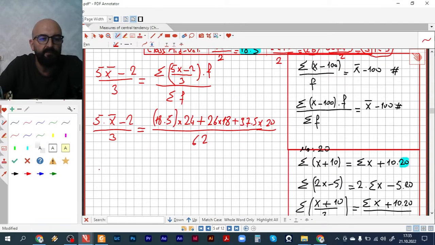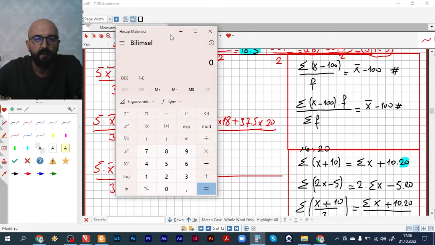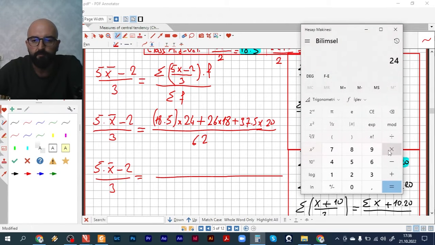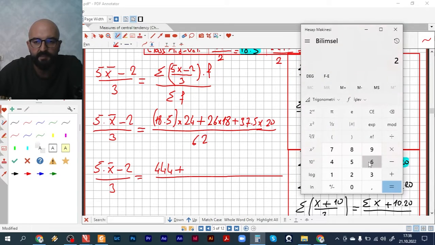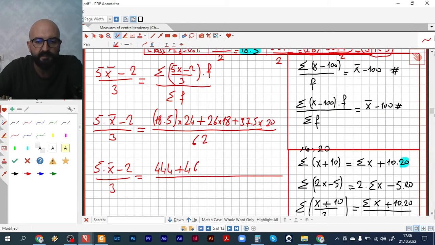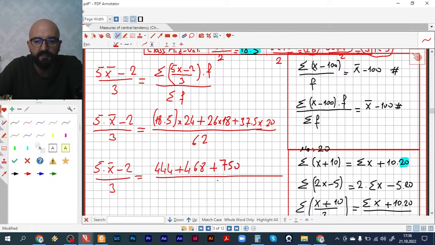Okay, and I want to use my calculator. 24 multiplied by 18.5 becomes 444, plus 26 multiplied by 18 becomes 468, and 37.5 multiplied by 20 becomes 750, over 62.